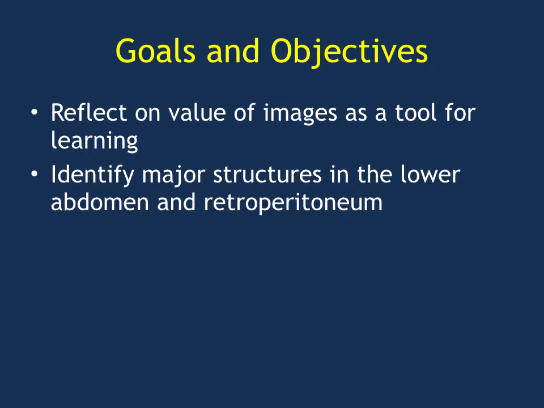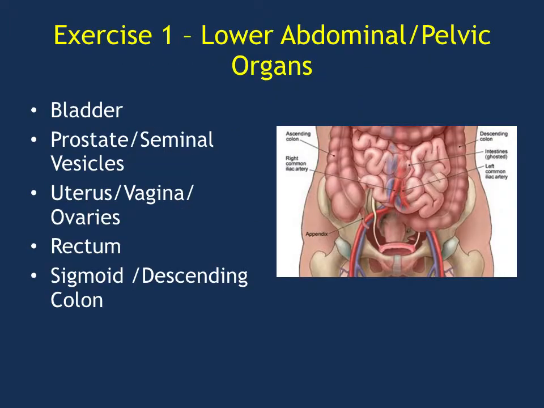In this case, we're going to start talking about the lower abdomen and the retroperitoneum. In the last podcast, we talked about the upper abdomen and the upper retroperitoneum. In terms of the organs, we'll be going through the bladder, the prostate, and seminal vesicles.